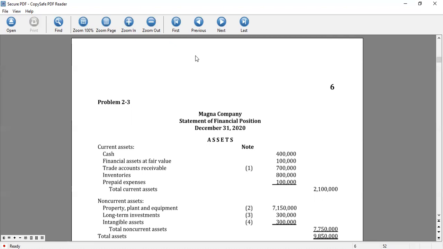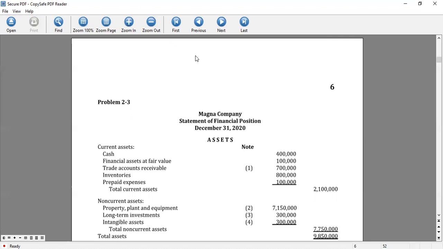So the balance of the accounts receivable is 700,000 as found in note number 1. Then we have the inventories in the amount of 800,000 given, and prepaid expenses given of 100,000. The total current assets of 2,100,000.